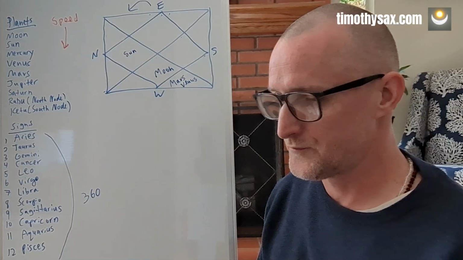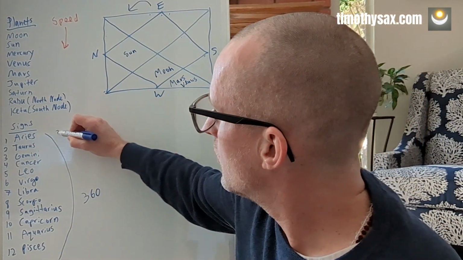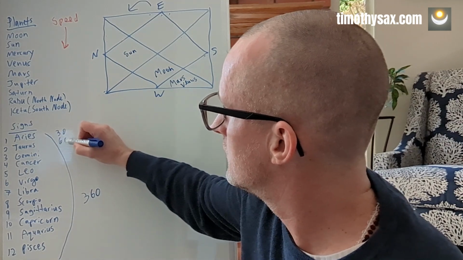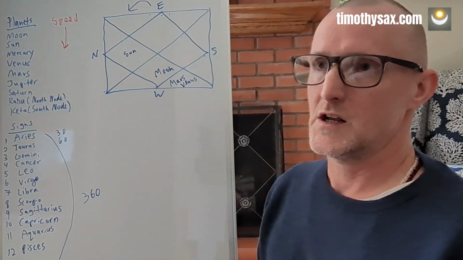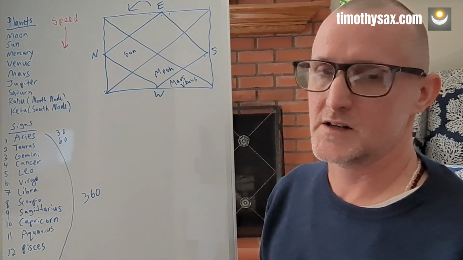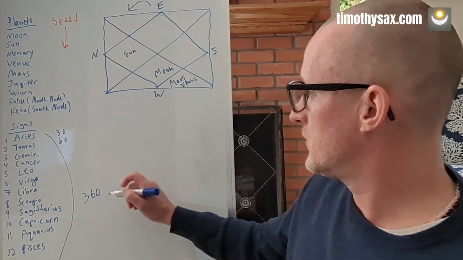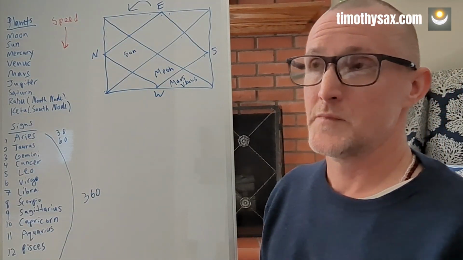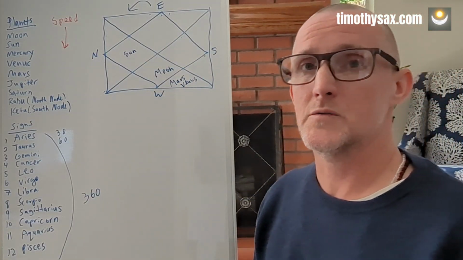So at this point, what are these things anyway? What's Aries and what's Taurus? It's a chunk of the sky. It's a 30-degree division, which is 1/12 of the 360-degree area of the sky that we can see.